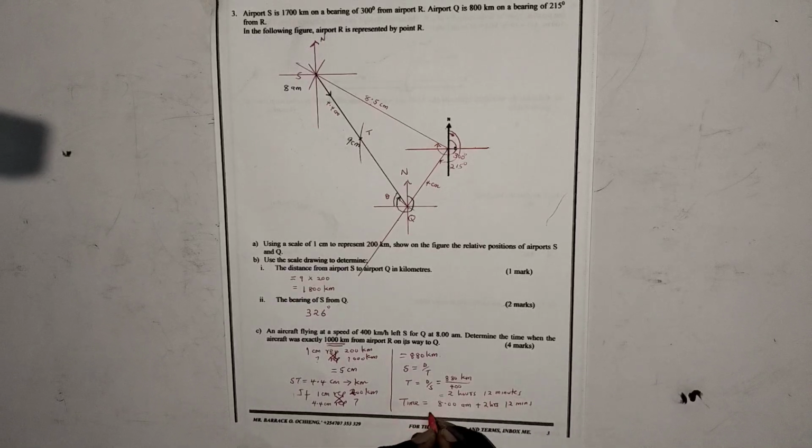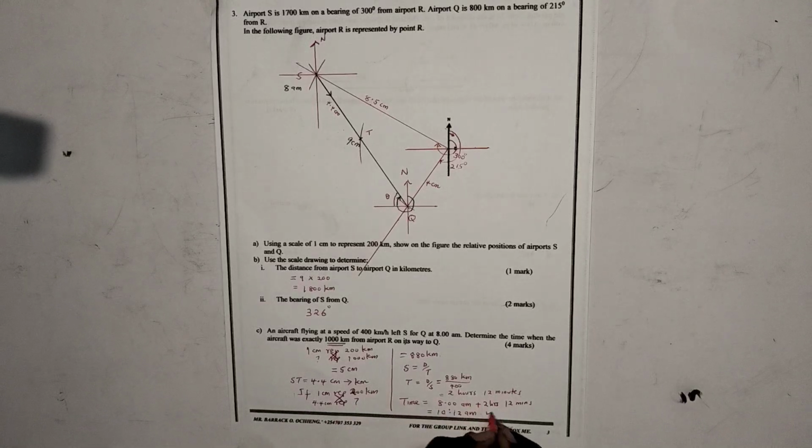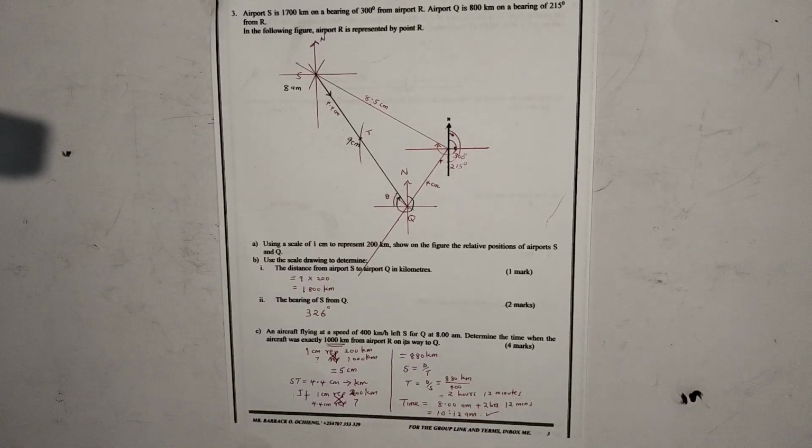If you add that, you'll realize that this is 10:12 a.m. This is the time when the aircraft was exactly 1,000 kilometers from airport R on its way to Q. That is it. So this bearing is marked with some error margin, as per the examiner's marking scheme. So that brings us to the end of that question.